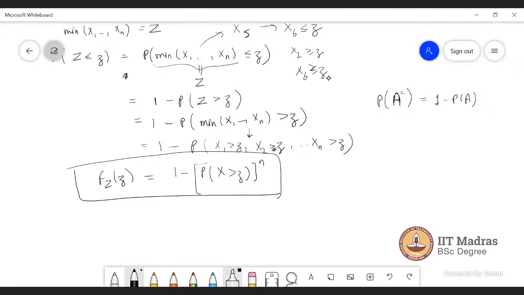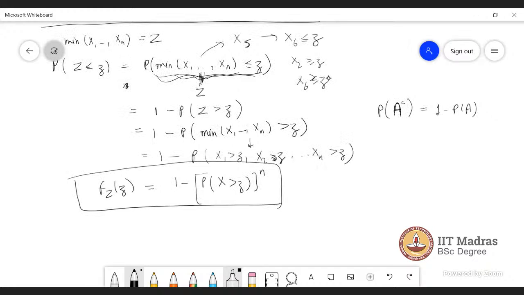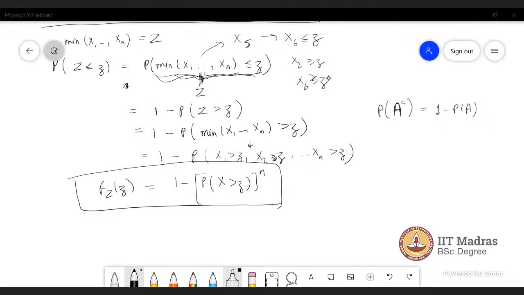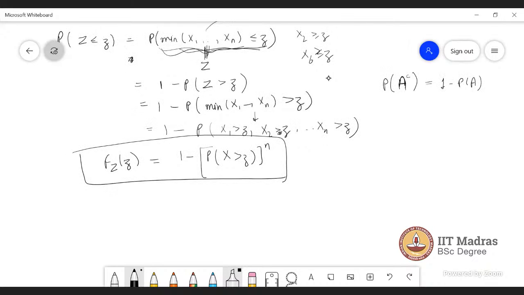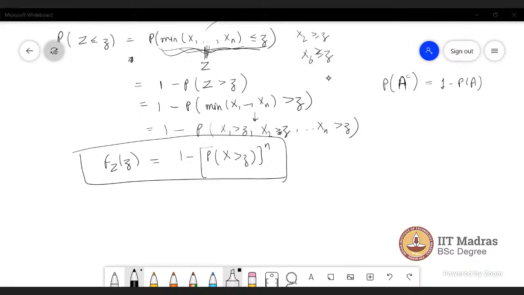So this is 1 minus the probability that Z is greater than z. We have just written the probability of Z less than or equal to z is equal to 1 minus the probability of Z greater than z, and not greater than or equal to, because it is a discrete random variable.